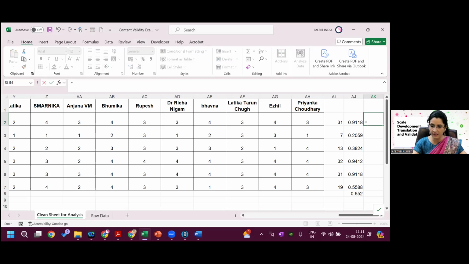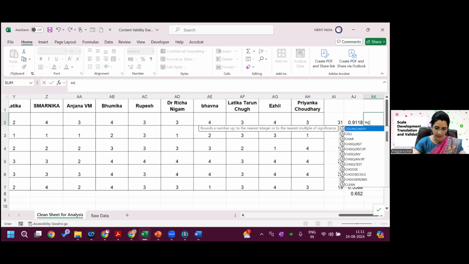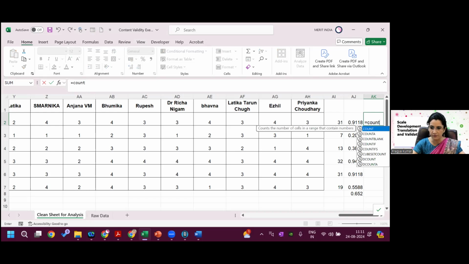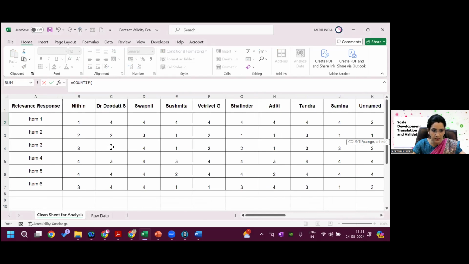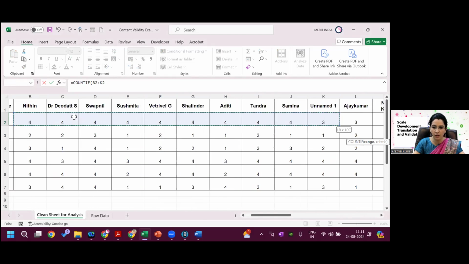I will write equal to, and then I will give the option of COUNTIF. You can see there is the option of COUNTIF, and then you have to give the range. Range means I have to go to the number 1 person, which is Dr. Nitin, and I would keep on selecting all the people.